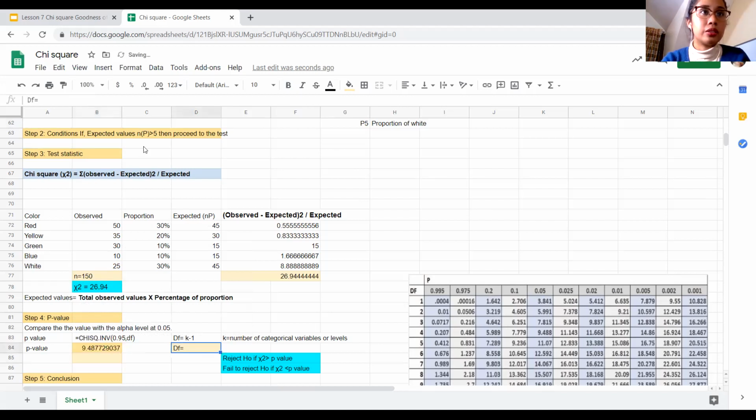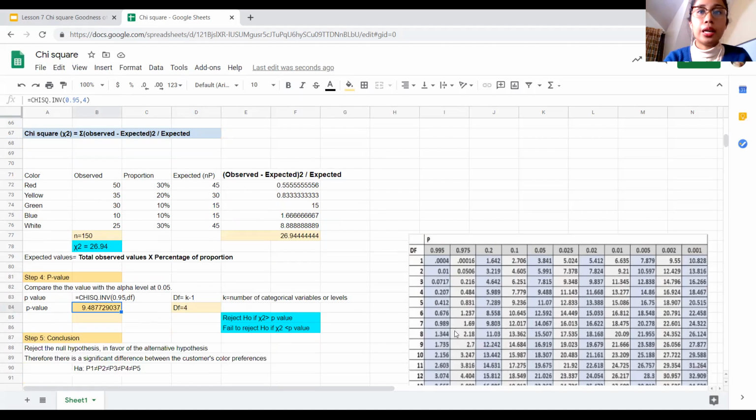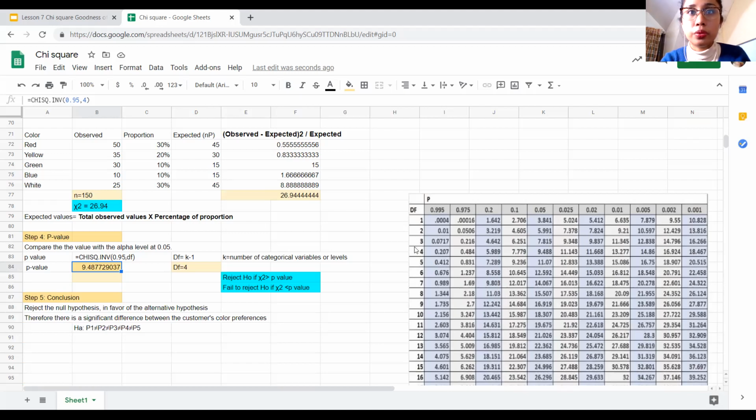So, lagay natin dito, 4. Binilang ko yung levels. So, diba, red, yellow, green, blue, white, 5, minus 1, 4. Yan. So, our critical value is 9.487. Hanapin nga natin dito. So, 4. Tapos, at 0.05, 9.488 naman dito. Yan. So, pareho lang.